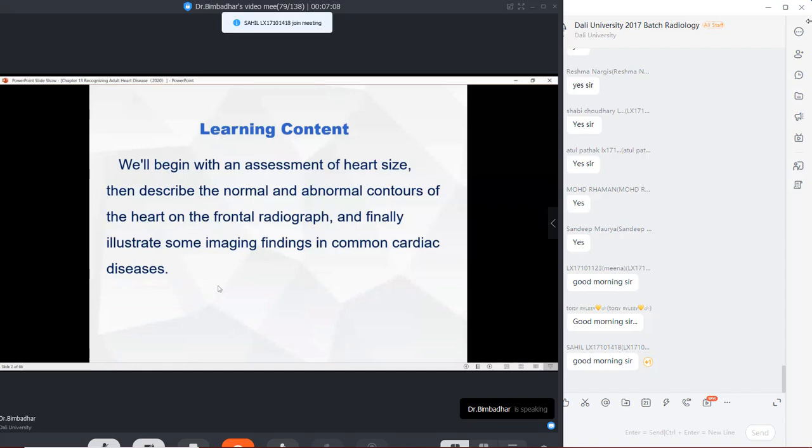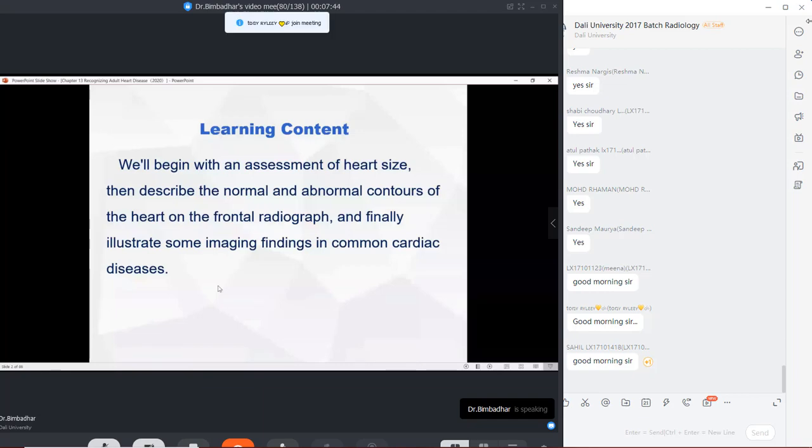But until today, except in the case of atelectasis, pleural effusion, and pneumothorax, we talked only specifically about the mediastinal structure, right? We never talked about the heart as a single entity, a single organ itself. So we have never talked about the heart in an individual way. This chapter is completely dedicated to the heart.